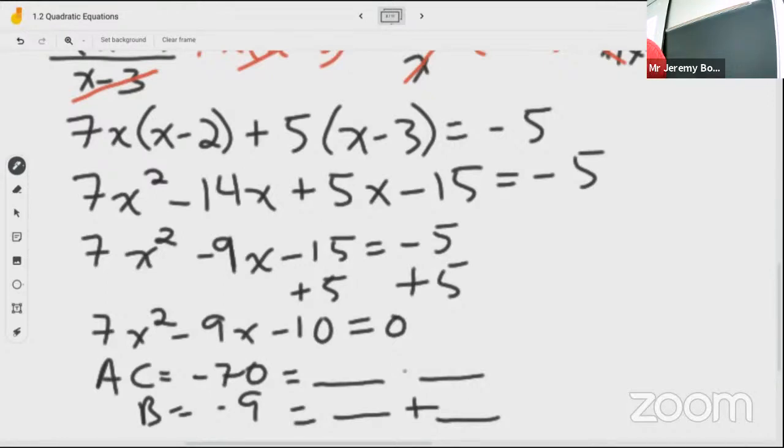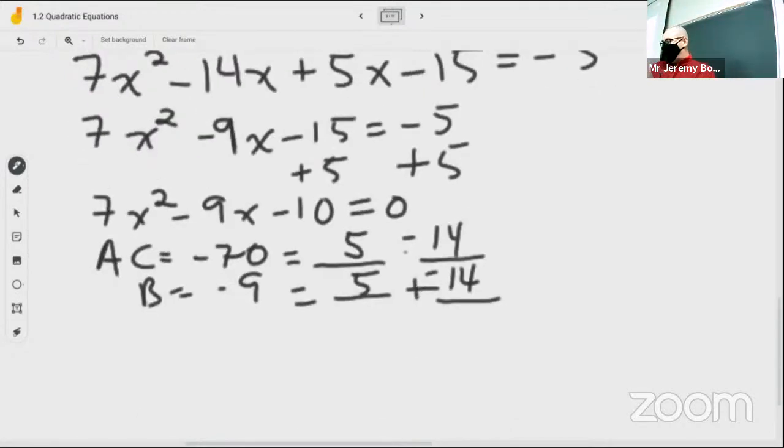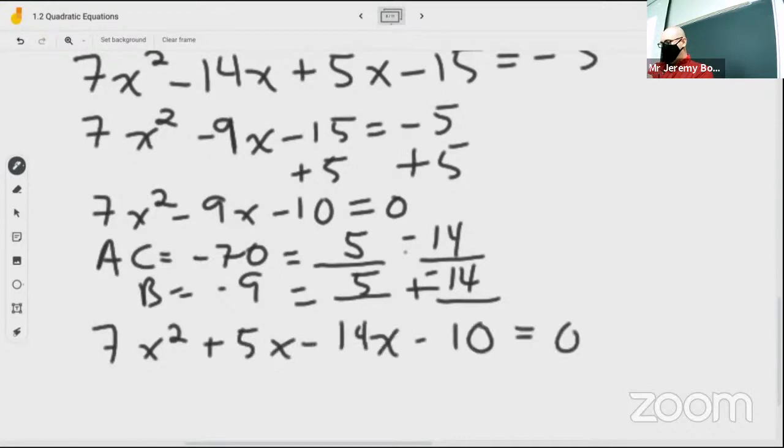Yep. And so we need a negative 14. If you can't find that, you can use the quadratic formula to do it. We'll get you to the goal. And so we're going to write this as 7x squared plus 5x minus 14x minus 10 equal to 0.